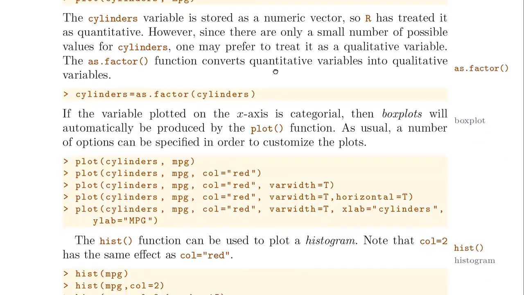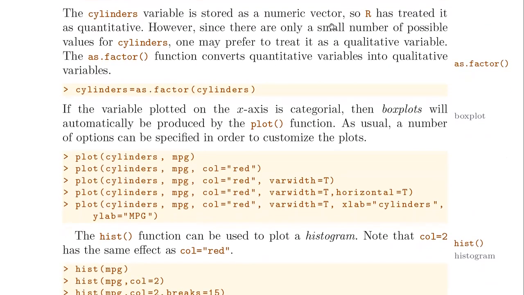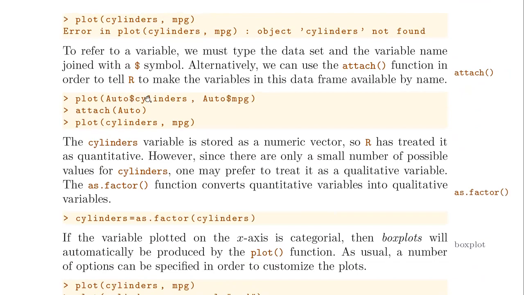The cylinders variable is stored as a numeric vector, so R has treated it as quantitative. However, since there are only a small number of possible values for cylinders, one may prefer to treat it as a qualitative variable. So let's have a look at cylinders against MPG.